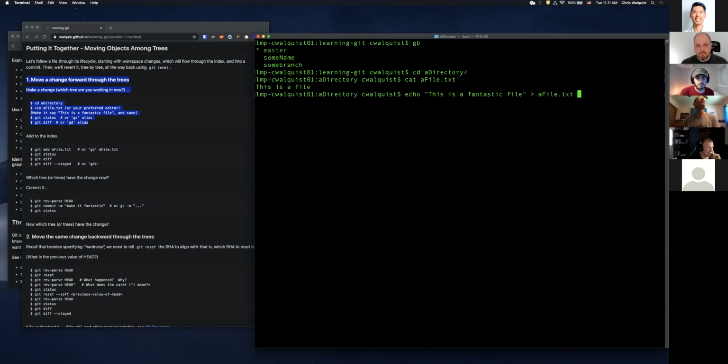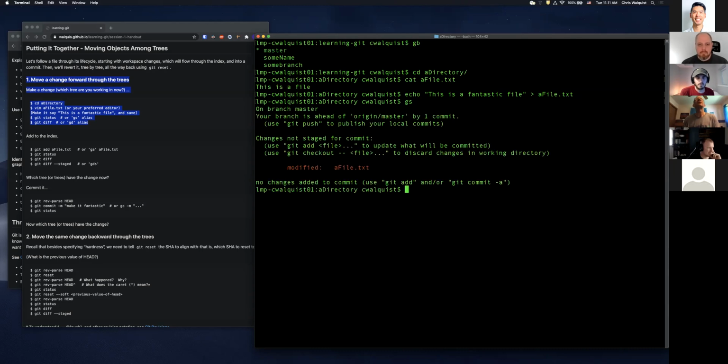So there's that. Okay, so now we see this. You may have noticed git status gives you status about your various trees, with reference to HEAD. So there's nothing staged.